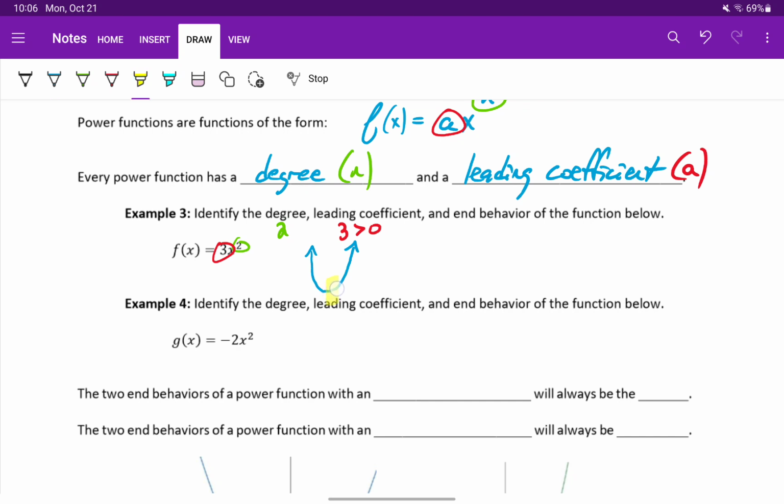Starting from that vertex, if we trace in the positive x direction, we can see that our function is headed to positive infinity. And starting in that vertex and tracing in the negative x direction, we see that our function is headed to positive infinity as well. So in this case, as x approaches infinity, our function value is headed to infinity.